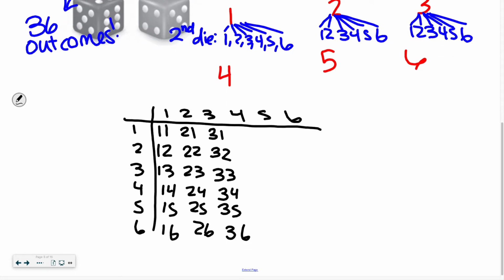What I like about this method is it makes it easier to see, for example, that rolling a 2 and a 3 is different than rolling a 3 and a 2. Just like some groups ask me on the coin problem, is heads, tails different than tails, heads? Yes, because it depends which penny or which die it is, right? But notice also if you were to complete this chart, these values in the diagonal going down, they're your doubles.